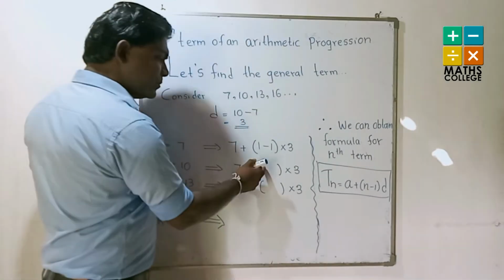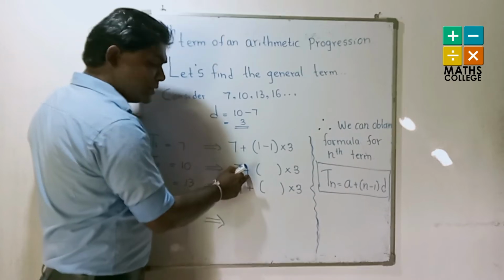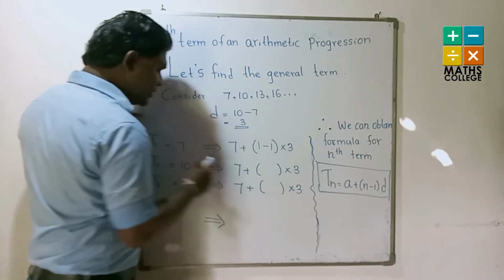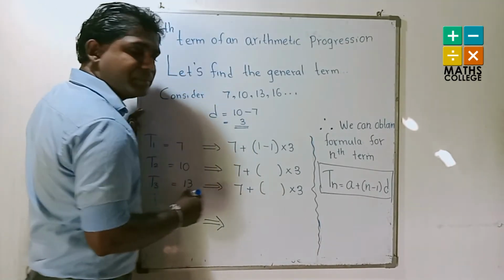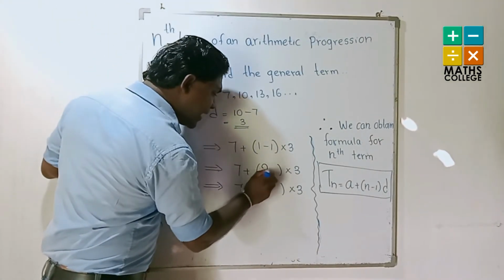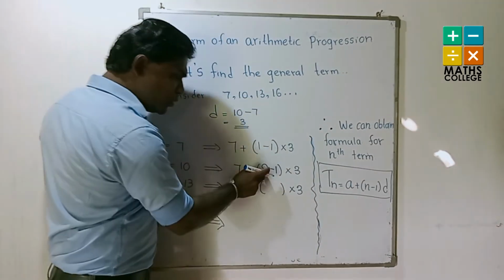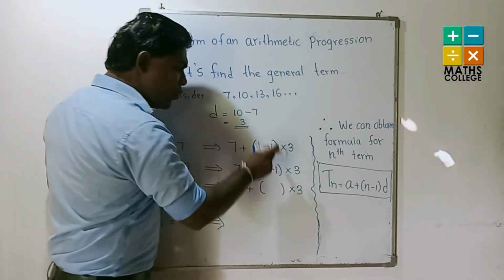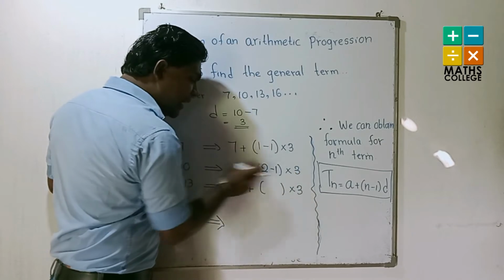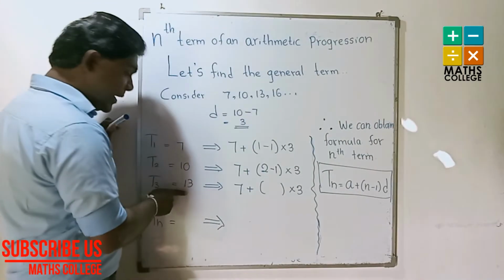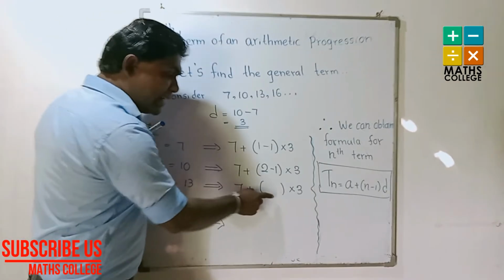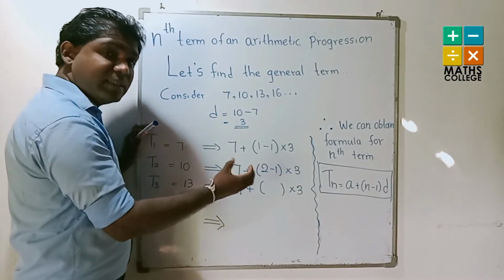Then 7 addition, how many, to get 10? 3. How do we get 3? 2 subtraction 1 is 1, multiplied by 3, then 3 addition 7 is 10. Then for 13, 7 addition how many? 6.